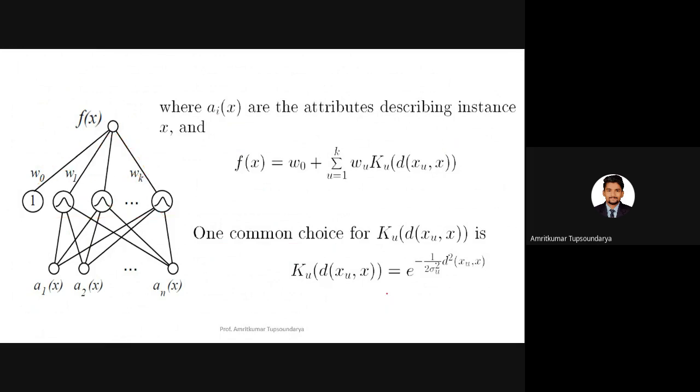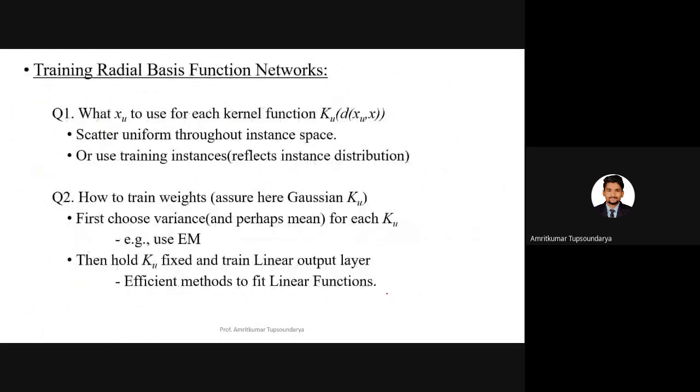So moving further, how do we do the training of radial basis function networks? The question that comes up is, what xu to use for each kernel function Ku(d(xu, x))?